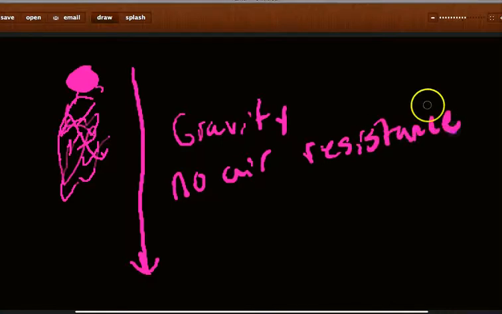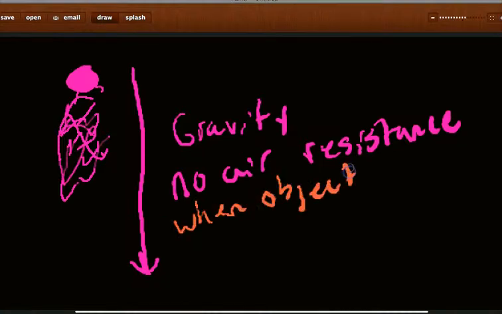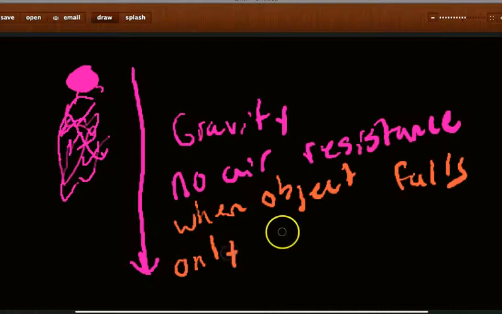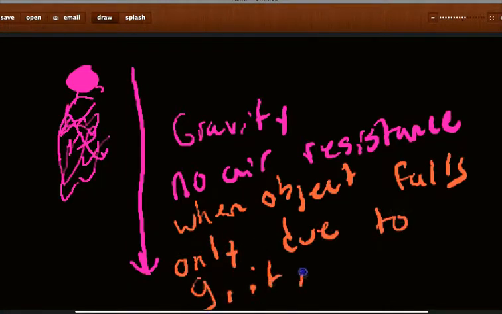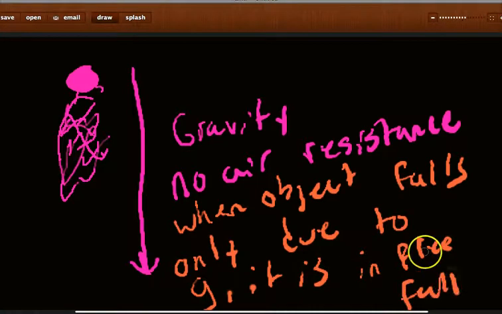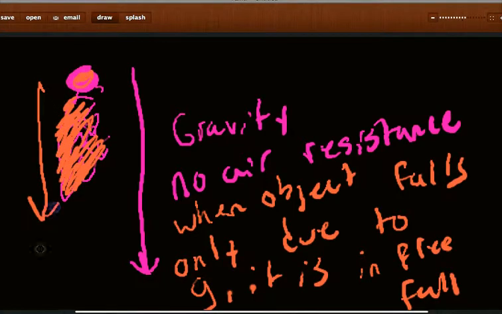So when an object falls only due to gravity, only due to g, it is in free fall. Since we're ignoring air resistance, this guy's in straight down free fall.